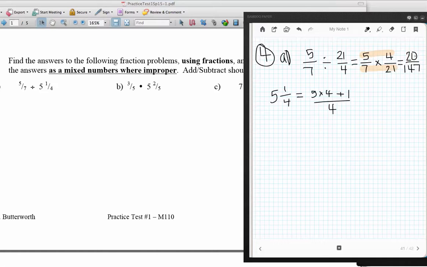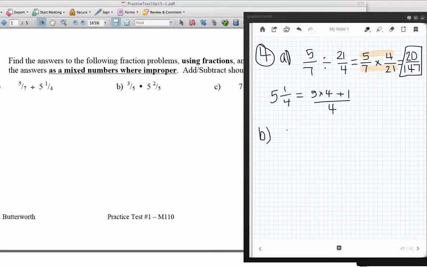There's 20, which is divisible by 2 and 5. Well, 2 doesn't go in here, and neither does 5, because it doesn't end in something that's even, nor does it end in a 5 or a 0. So that's not going to be able to be reduced. That will be our final answer, 20/147.